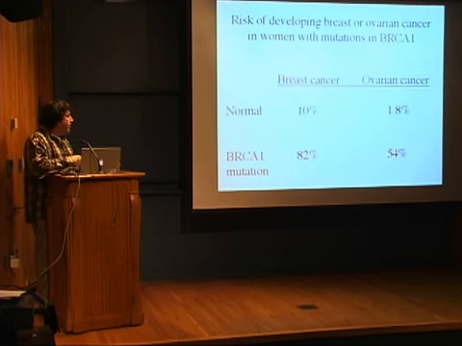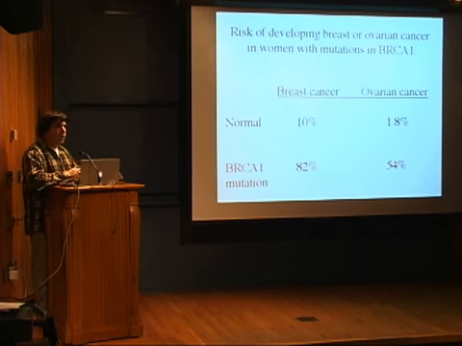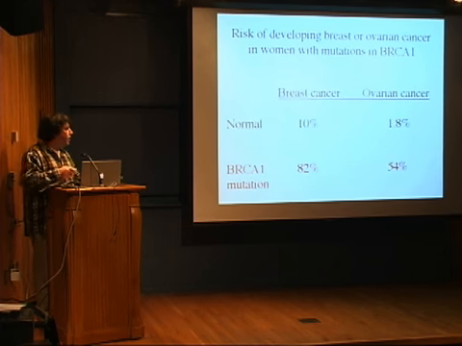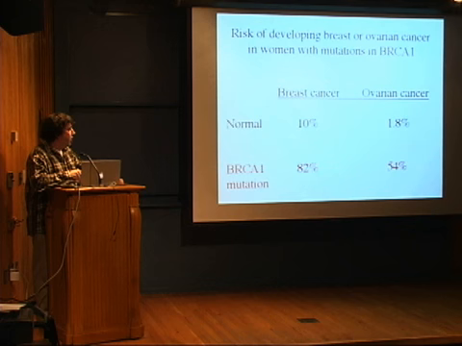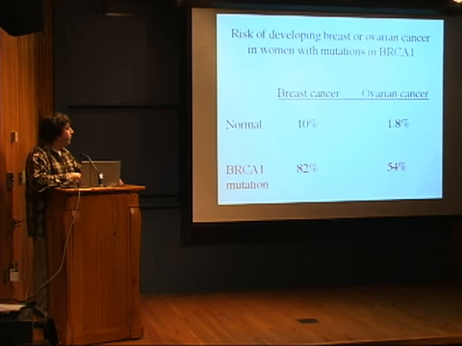So one interesting aspect of this whole situation also is that this particular gene is known to be expressed in every single cell type in our bodies in both men and women. And why its loss results in a particular sensitivity of breast and ovarian tissue to cancer is another very important but unanswered question in this general field.